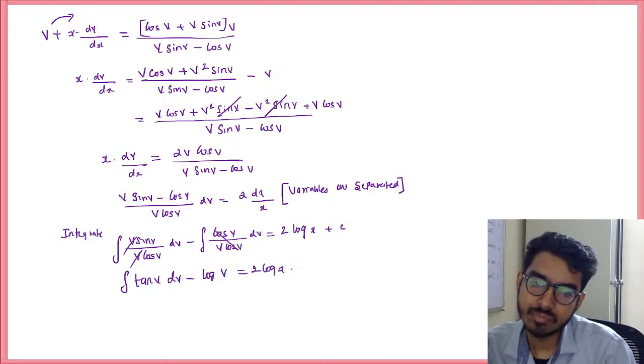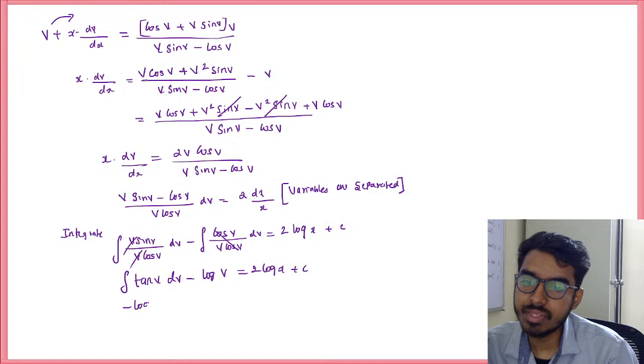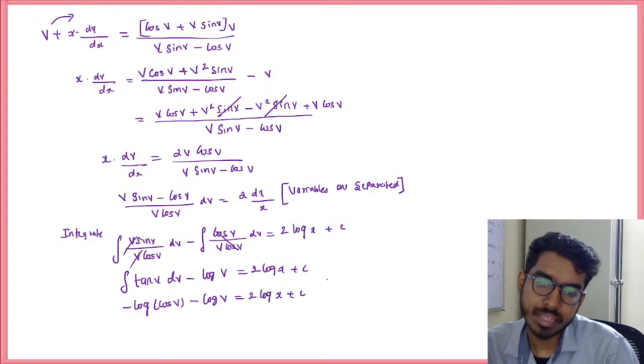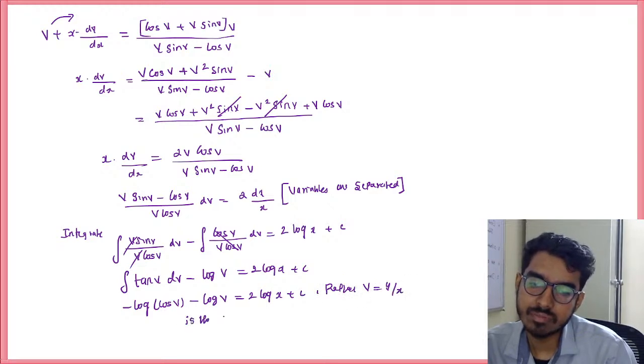This is 2 log x plus c. Integration of tan v is minus log cos v. You can see f of v, f dash of v, but minus is missing. So minus log cos v minus log v is equal to 2 log x plus c. So replace v is equal to y by x. It's the required solution.